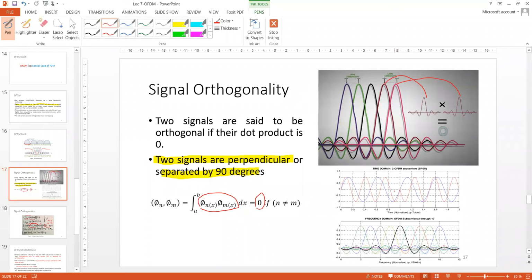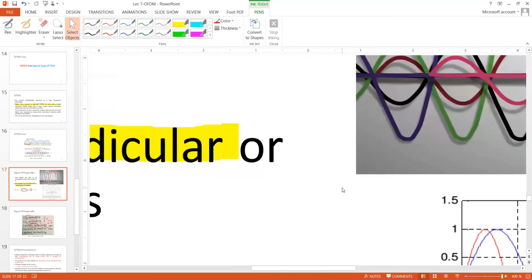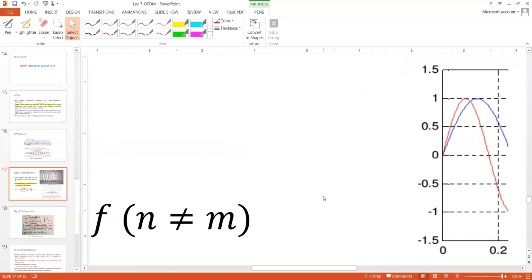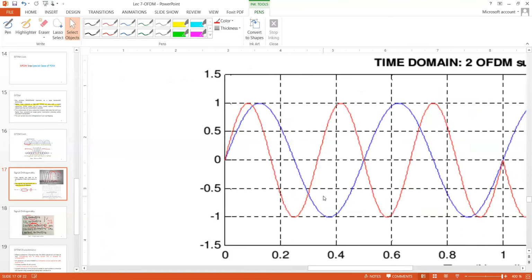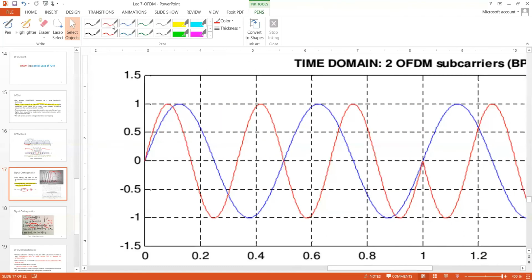Okay, you can easily see over here, let me zoom it, we have two signals. One is a sine wave, represented by a blue pulse, which in this particular case has a frequency of 2.